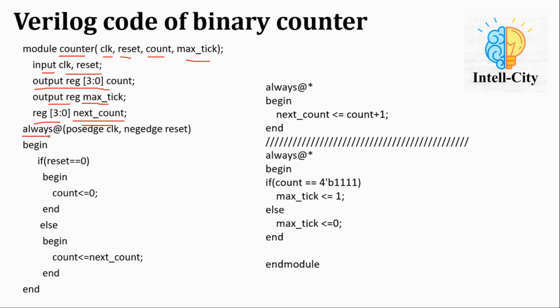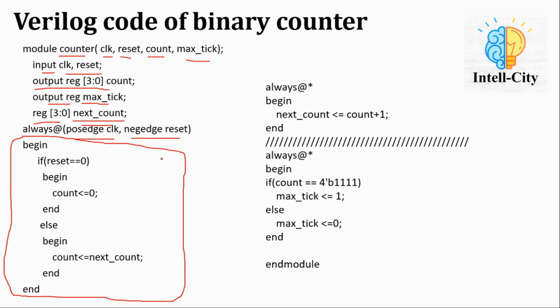Here is the always block that depends on the positive edge of the clock and the negative edge of the reset. So reset is negative edge triggered, and the clock is positive edge triggered. This means that this always block is executed on two conditions: the clock condition, and the negative edge of the reset condition.